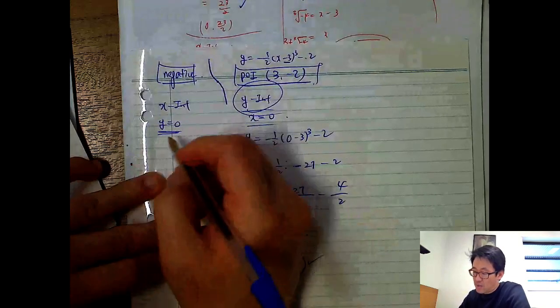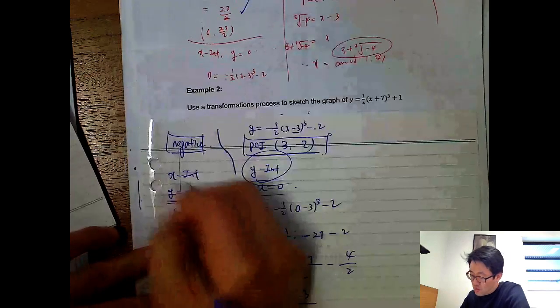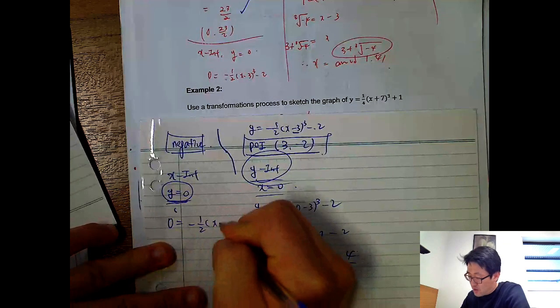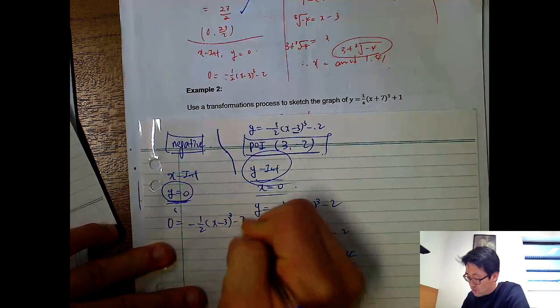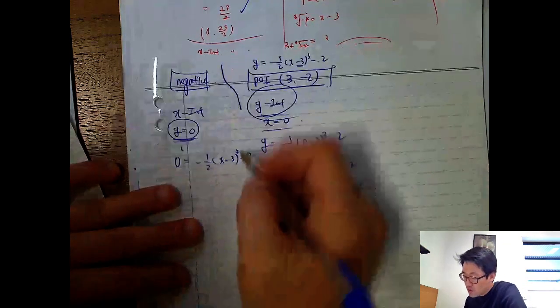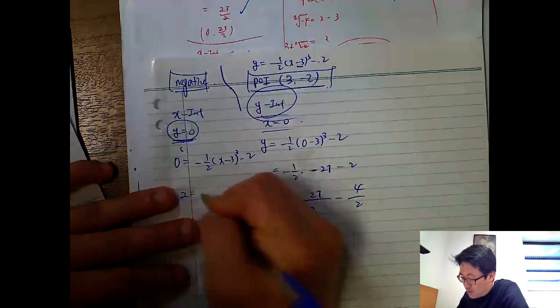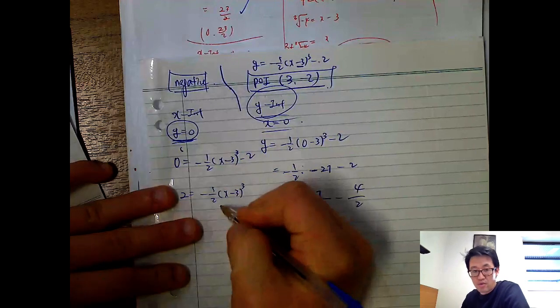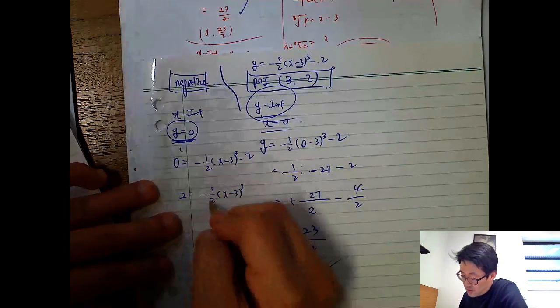And the x-intercept is when y equals 0: 0 equals -1/2 (x - 3) cubed minus 2. So move that minus 2. Eventually what you want to know is x, so I'll try to isolate x on one side.